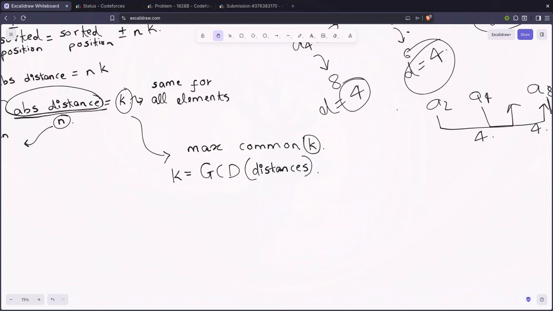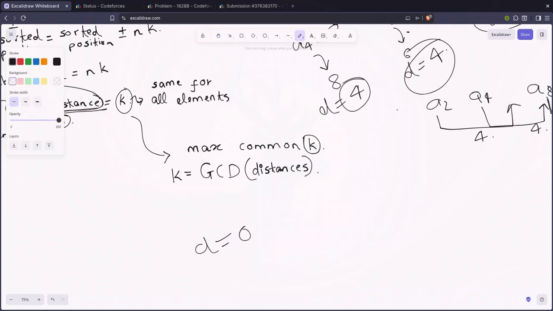If the distance is 0, that means the number is at the correct position. That means if the number is 4, it is at the fourth position. So a1, a2, a3, a4, the fourth position, the value at 4 is 4.